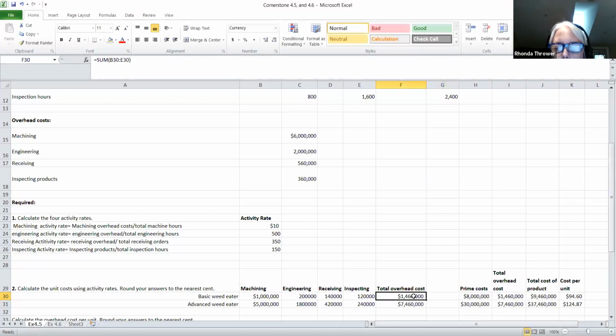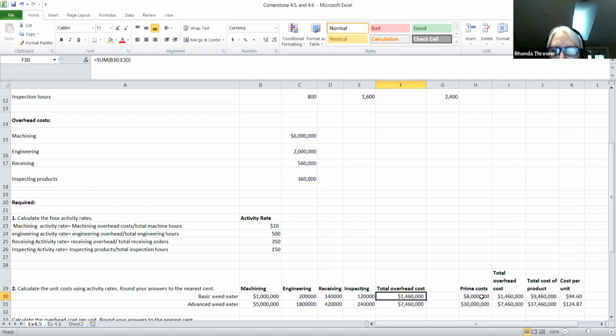But right now, just calculating the total overhead cost, all we're doing is we're applying each activity that we used, the activity rates times the hours in each one of these activities will give you the total overhead cost. Now, before we could calculate the unit cost of the basic weed eater, we would need to know the total cost of the weed eater.